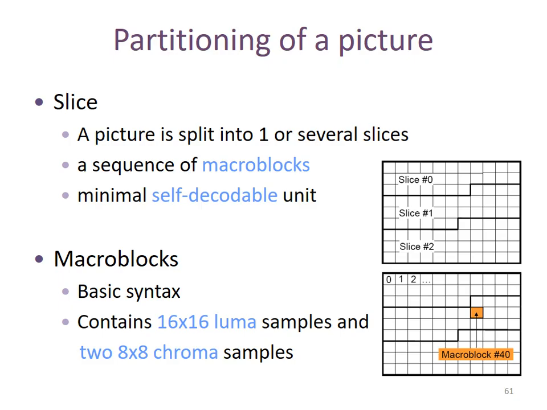For example, we have macroblocks 0, 1, 2, 3, 4. If the last one is 20, then macroblocks 0 to 20 will be slice number 0. This is how we partition the images into different layers of the data structure.